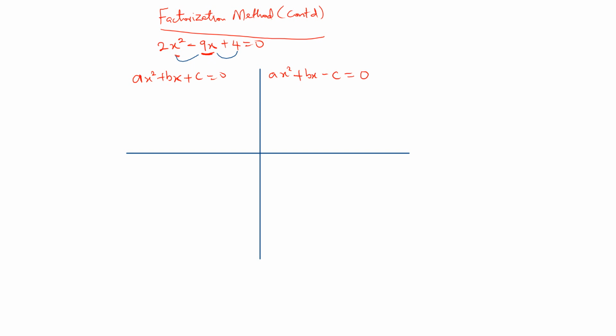Then we can also have ax squared minus bx plus c equals 0. So you can let them differentiate all the 4 forms that we are having. And then lastly we have ax squared minus bx minus c equals 0.